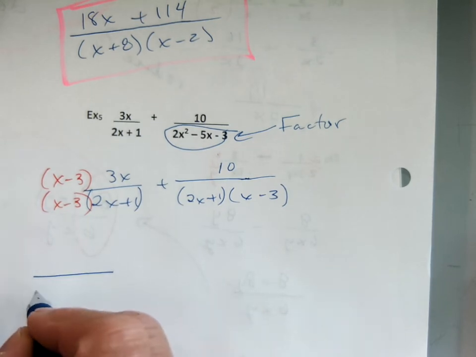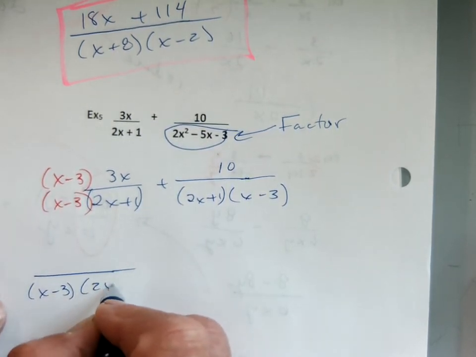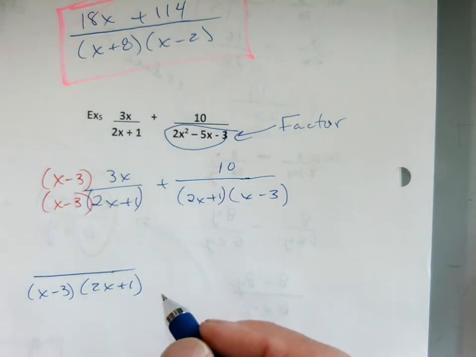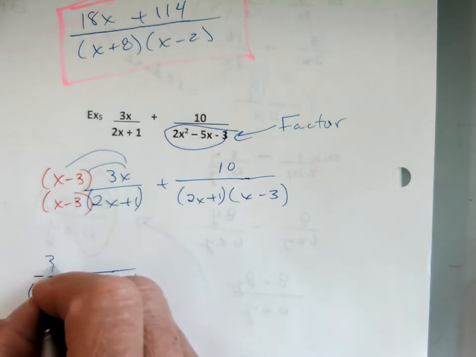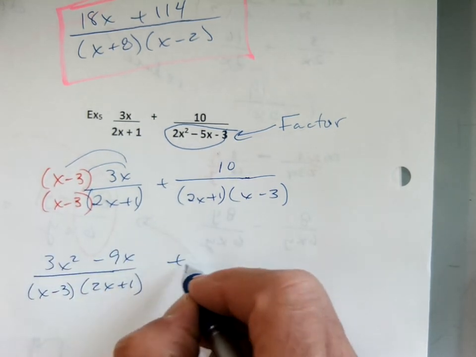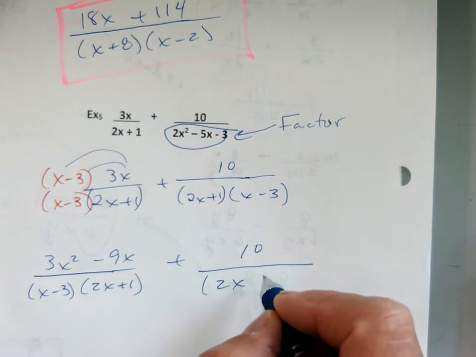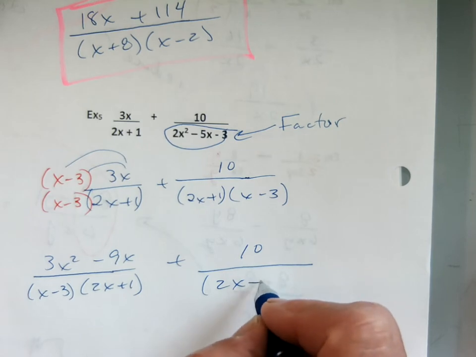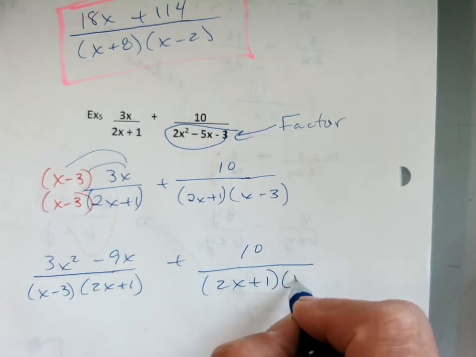So my common denominator is an x minus 3 times a 2x plus 1. The numerator is going to be a 3x squared minus 9x. And the second fraction is just 10 over my common denominator, 2x plus 1 and x minus 3.